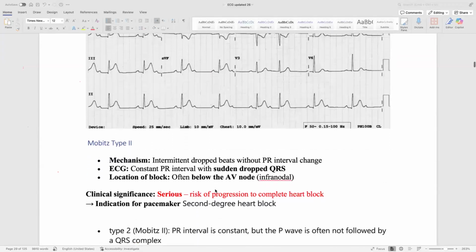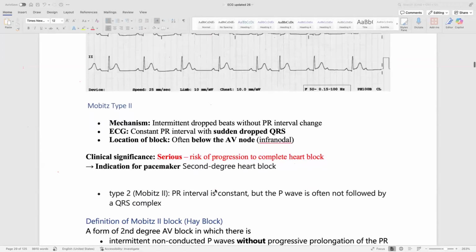And now Mobitz type 2. In Mobitz type 2, there is a dropped beat without a change in the PR interval. The PR interval is constantly normal. What is the problem? Why is this not good?